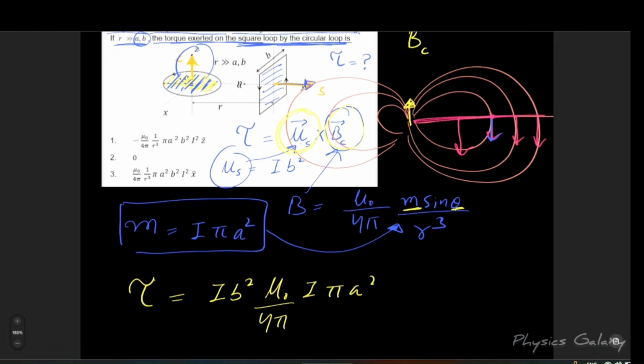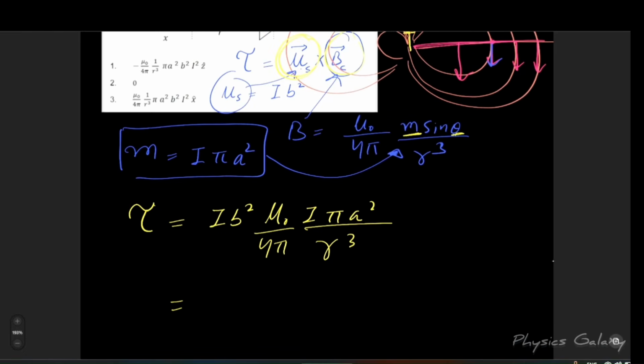Again theta equals 90, so sine 90 equals 1, and r cube. So it equals mu naught by 4 pi I square b square a square by r cube.